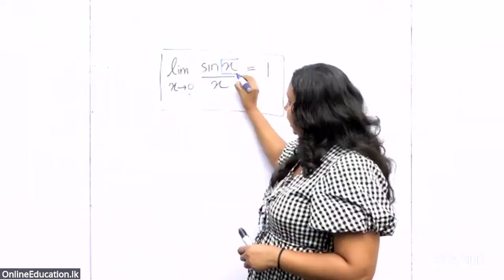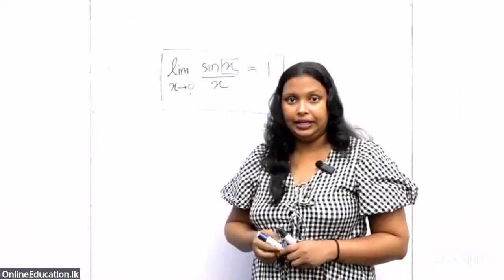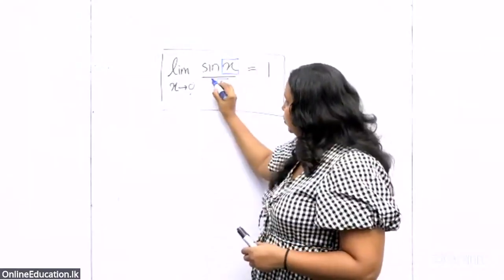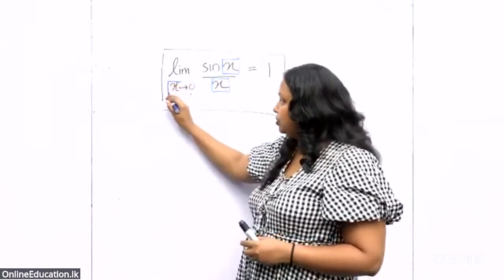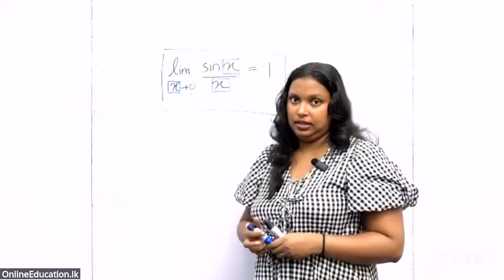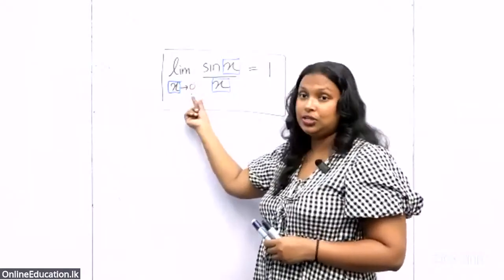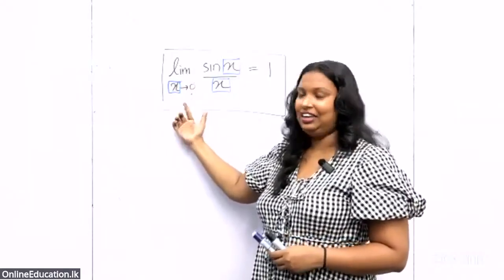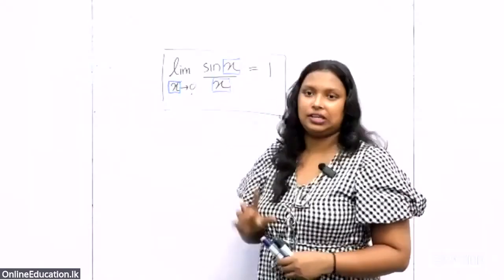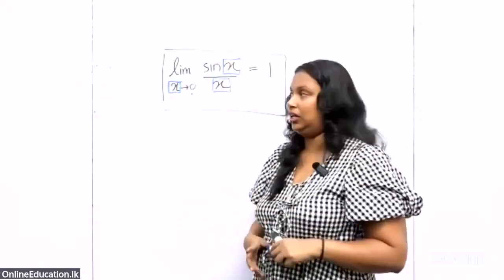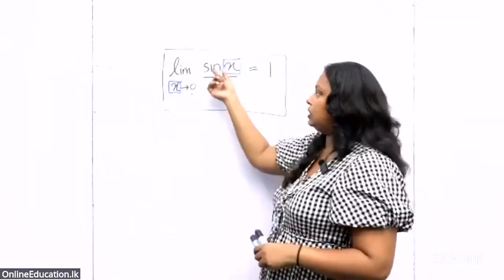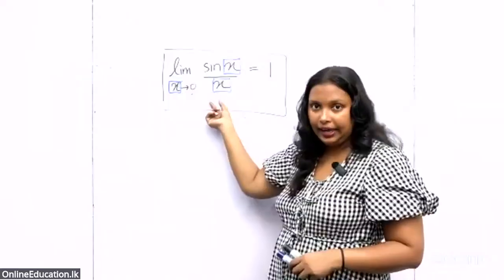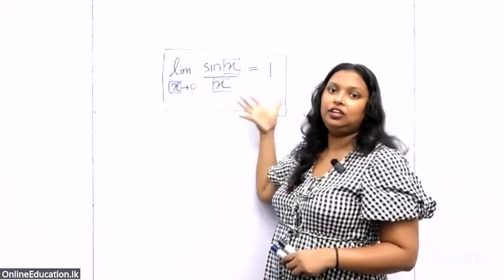If the angle here is x, here also you should have this x, and here also you should have x, and this x should tend to 0. If it satisfies all these 4 conditions, then your answer will be 1.